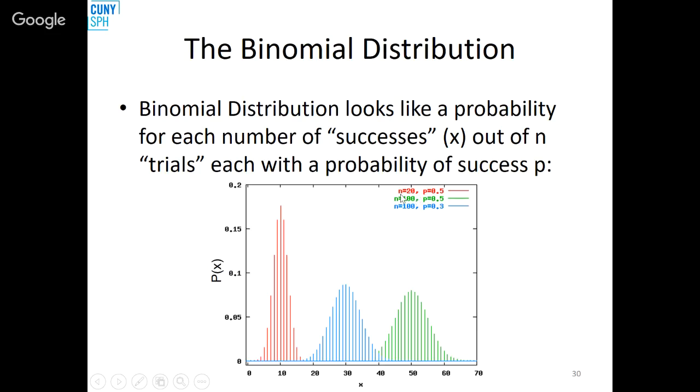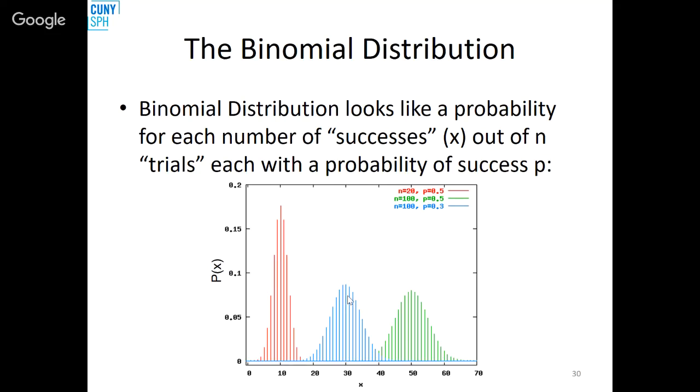In this example here, here's 20 events with a probability of success in each one of 0.5. The peak then is at 10. If we have 100 events, each with a probability of success of 0.5, then the center, the most probable number of successes, is 50. If we have 100 events and 0.3 probability of success, then the most likely number of successes is 30.